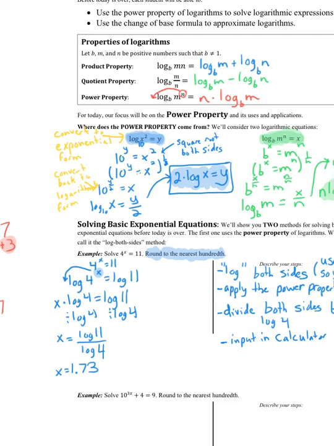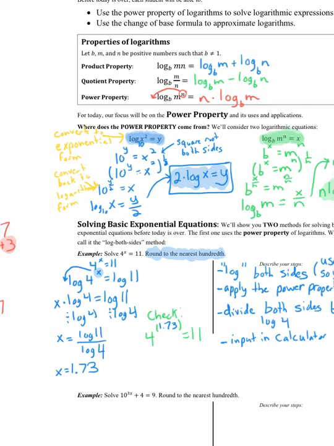And then the very last step, after we're done with all of that, we want to double check our answer. And the way you double check, put that answer 1.73 back in for x. And prove that 4 to the 1.73 power does indeed equal 11.